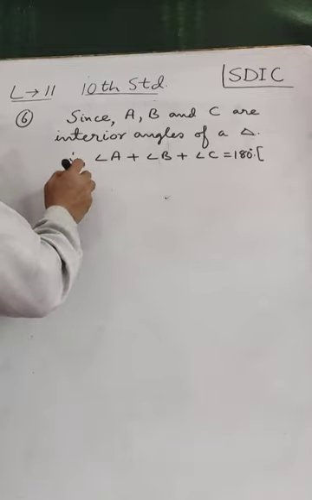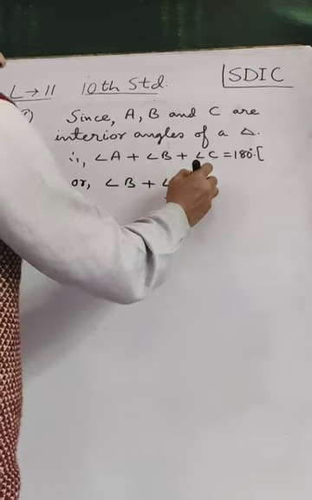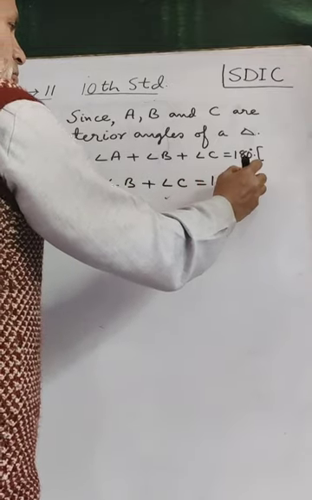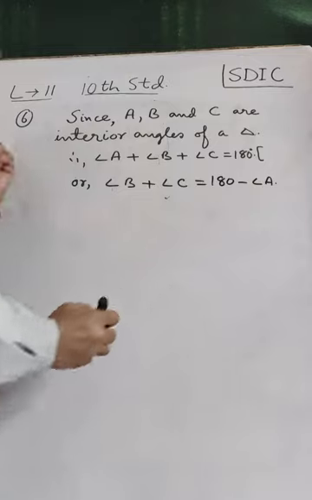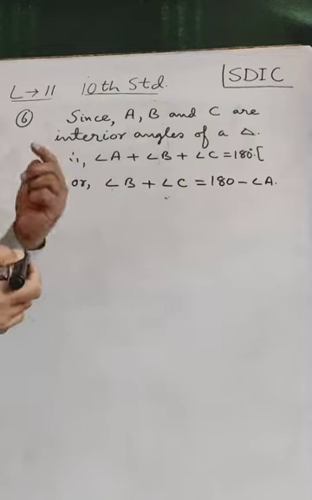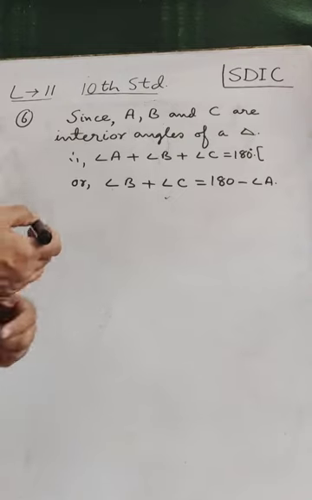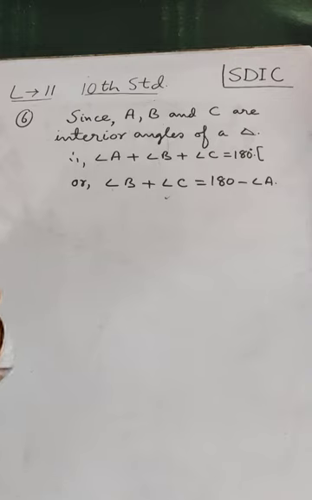Thus on transposing A, you will get angle B plus angle C is equal to 180 minus angle A. That angle symbol is not written in the result to be proved. It does not make any difference. We will write it because it is an angle.